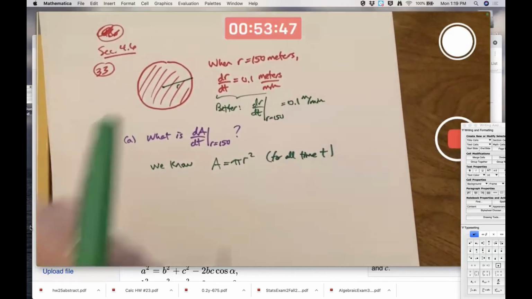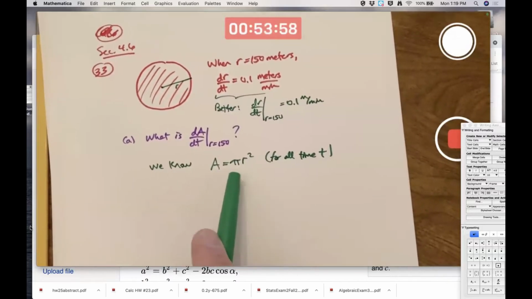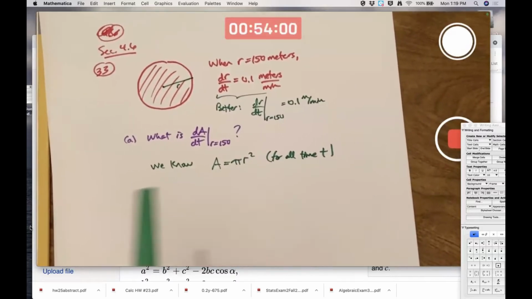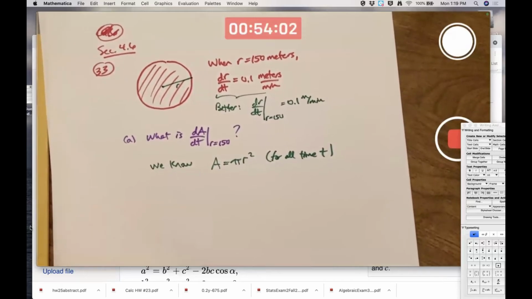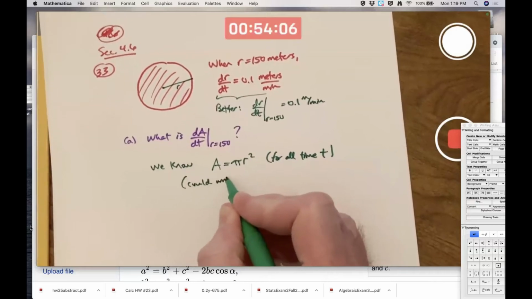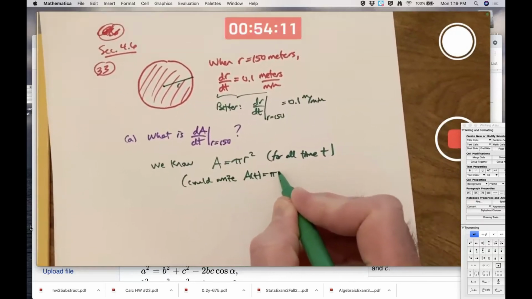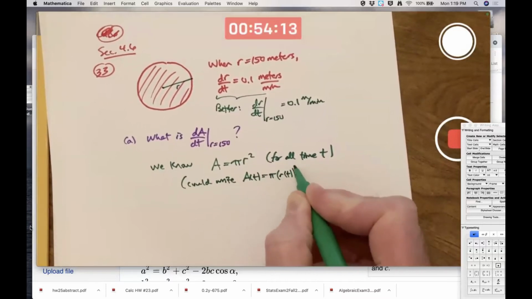You need to imagine the slick getting bigger over time. But since we're assuming it's circular, this relationship still holds for all time. A and r do depend on time. I could write A of t equals pi times r of t squared. And that, in fact, might even be better to write.